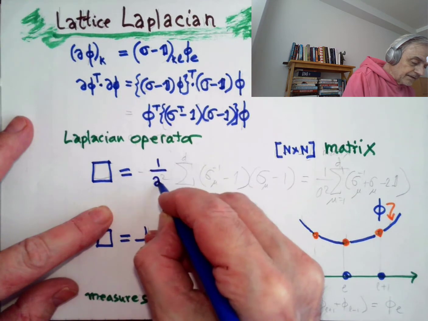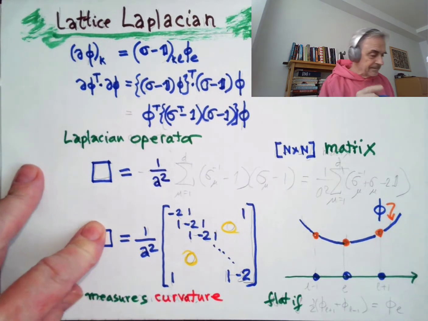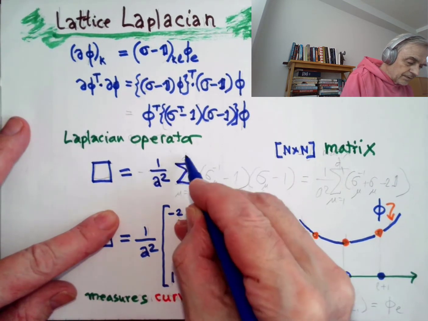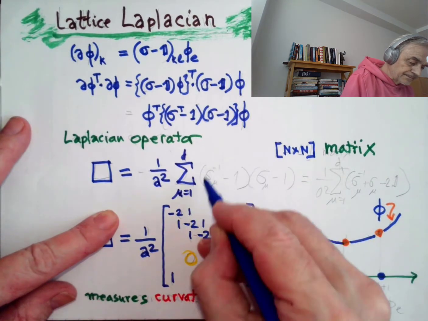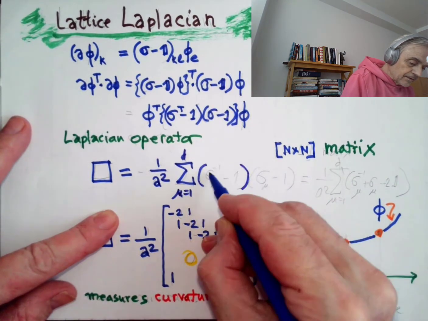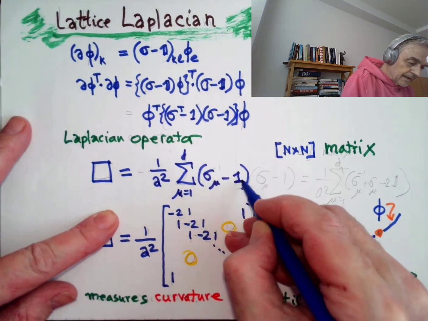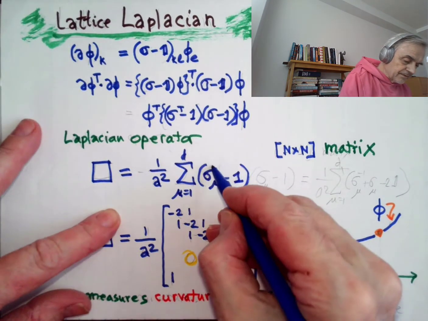It's a second derivative, so dimensionally it's 1 over lattice spacing square. We sum over all directions in the dimensions. So it's sum of the shift in mu direction minus 1. And to remember, transpose was same as the inverse, so this is minus 1.